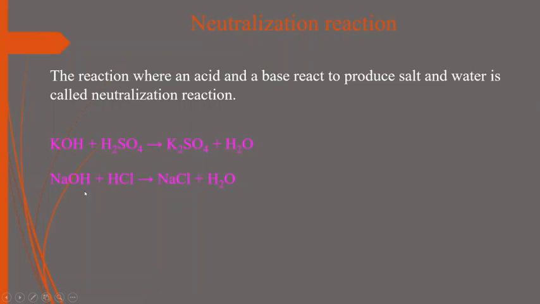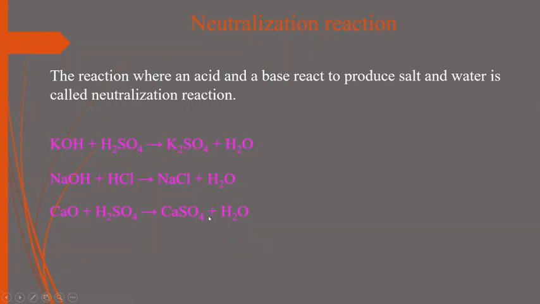Calcium oxide and sulfuric acid. Here the oxygen of base and hydrogen of acid produce water, and the remaining part, calcium and sulfate, calcium sulfate, is the salt. So here calcium oxide base and sulfuric acid produce salt, calcium sulfate, and water.